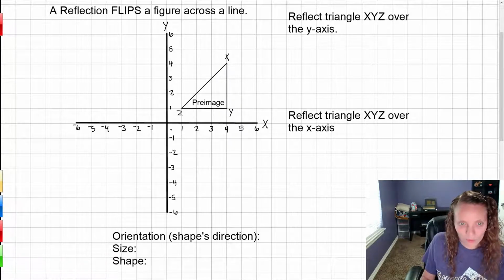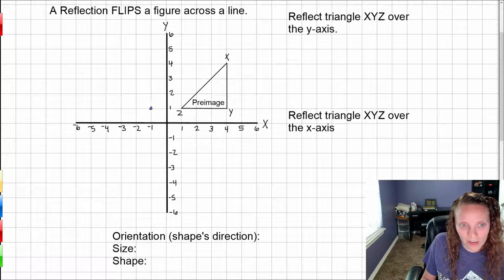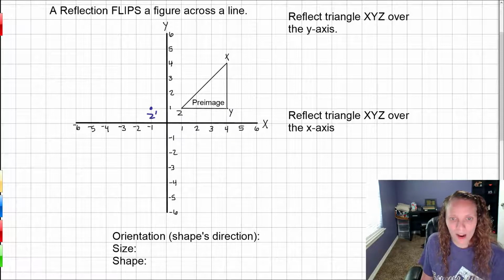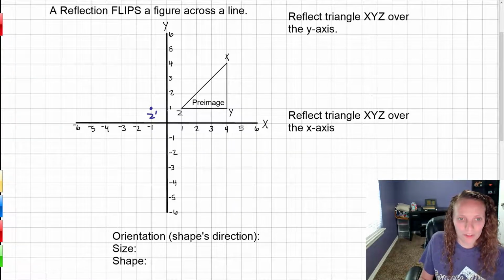So in this case, if we look at z, it's 1 away from our mirror, and so we'll count over 1 the opposite way and put a point, and that is now z prime. Same with y. Y is 1, 2, 3, 4 away from the mirror, and so we'll count 1, 2, 3, 4 away on the opposite side. And now this is called y prime.